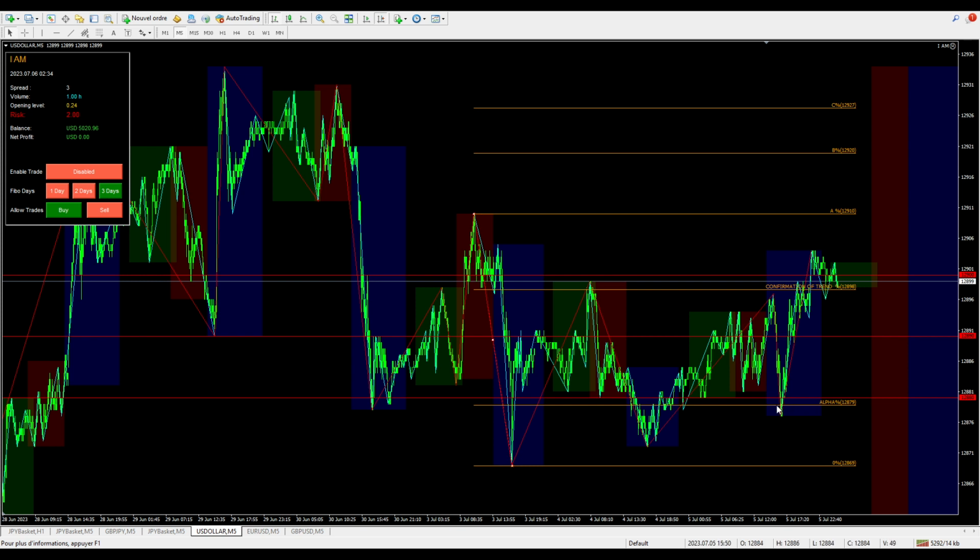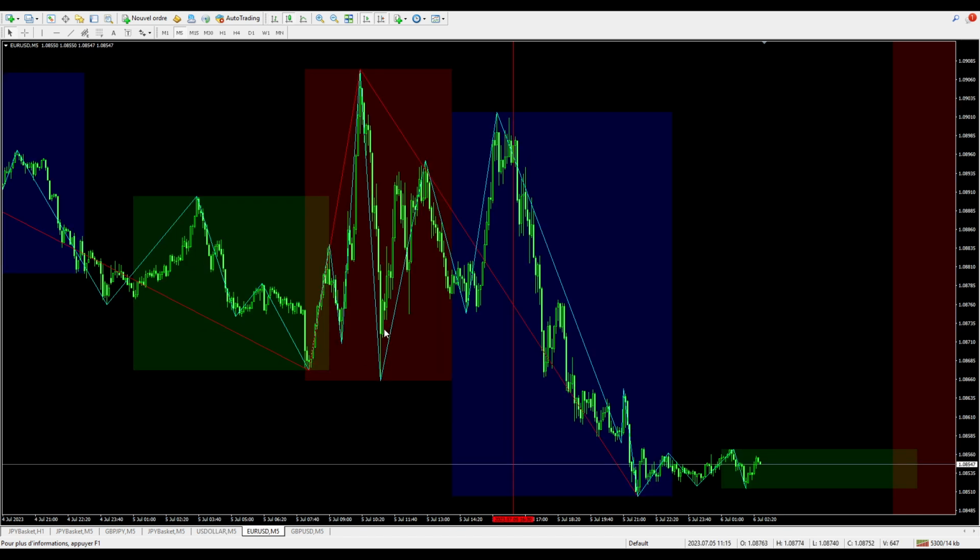So I definitely knew that it was a great place to place a trade for the dollar to go up. Now, knowing this information, I could look at all other pairs trading the dollar. So I was expecting the dollar to go up. So in this case, I am expecting Euro USD to go down.